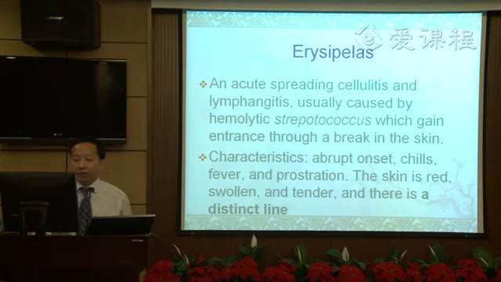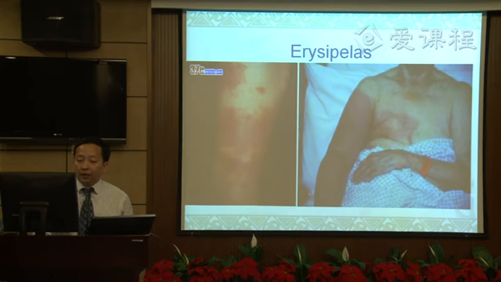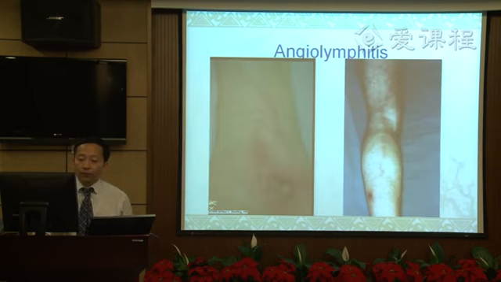The skin in an erysipelas patient is red, swollen, and tender, and there is also a distinct line. This is a patient with erysipelas, and this is also an erysipelas patient. And this is an angioinfarctitis patient.